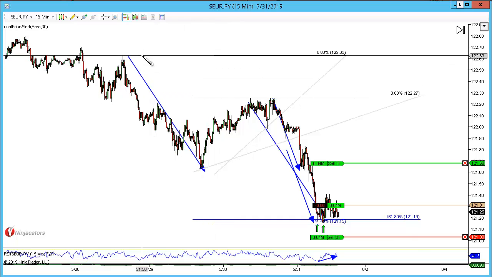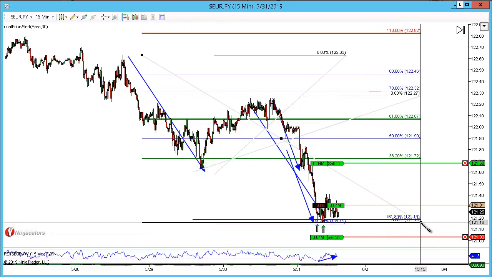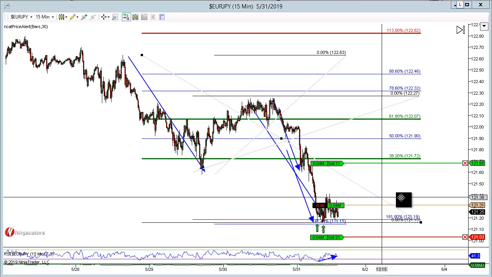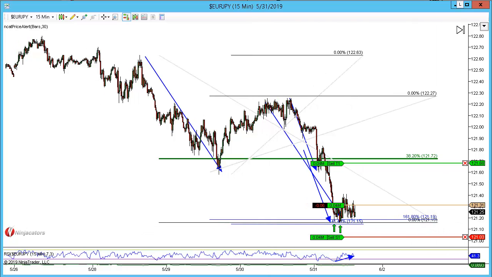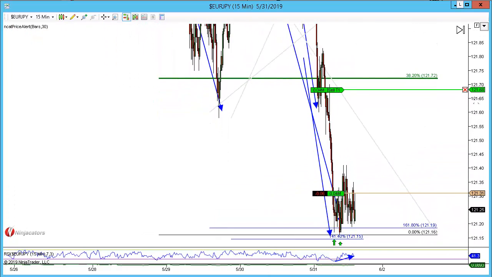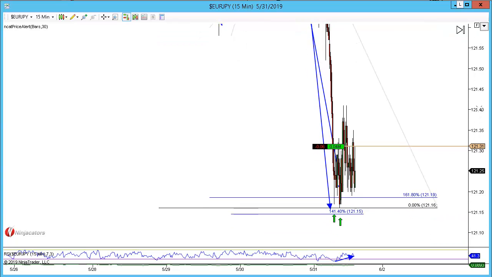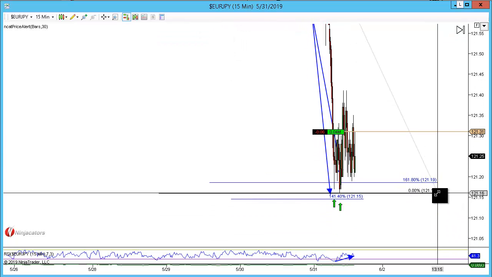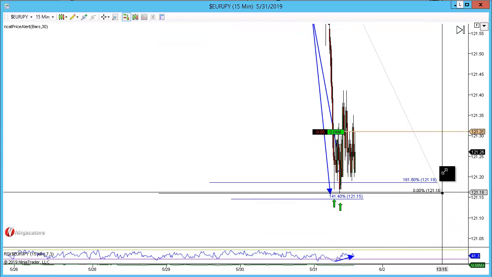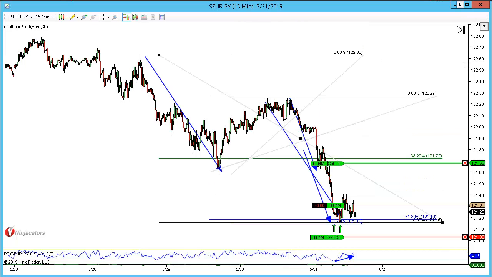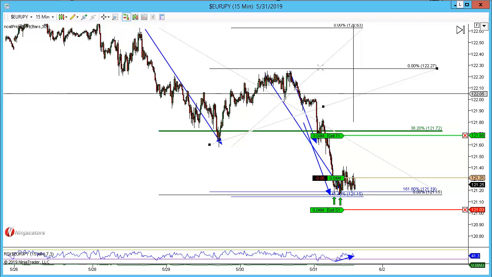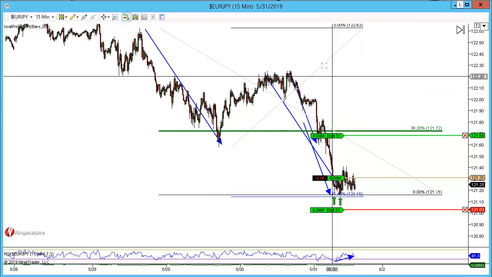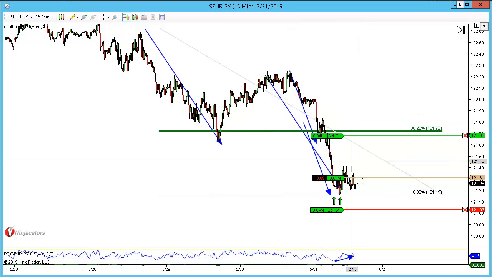Target's very simple, they're fib based, so we're going to look for that 38.2. I just need to make sure I have positioned this correctly. Yep, positioned correctly. And what is now the reward to risk? Well, I'm just going to clear these fibs up a little.